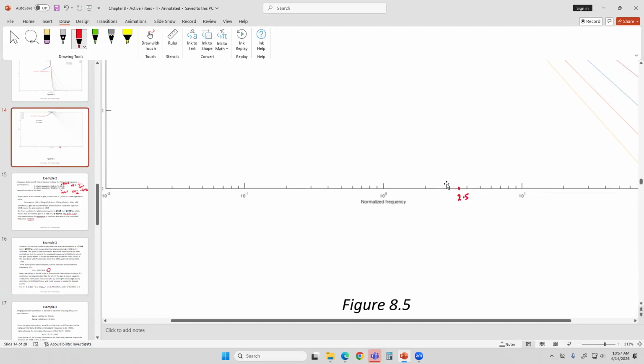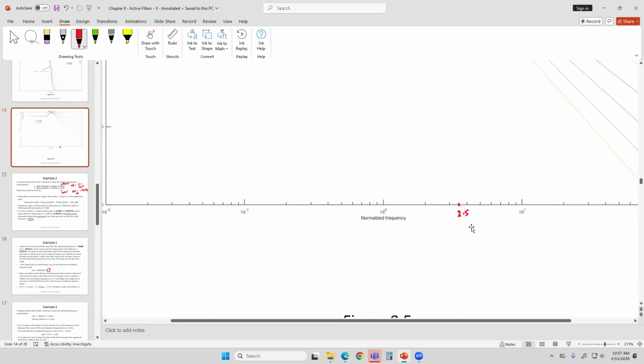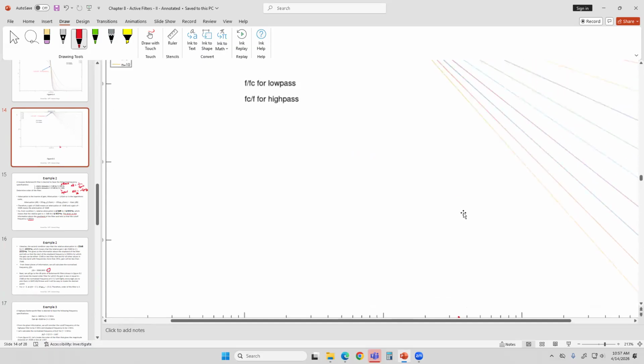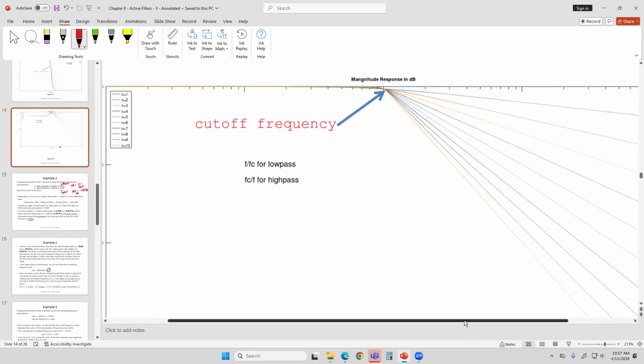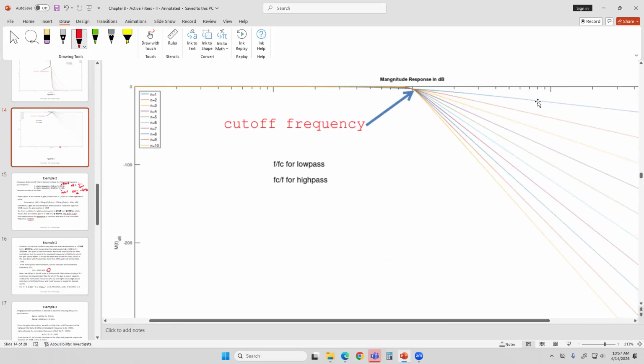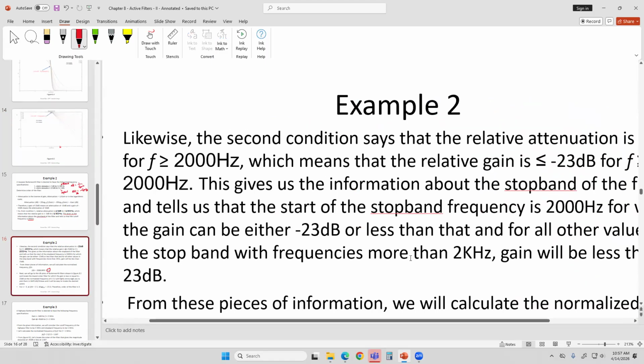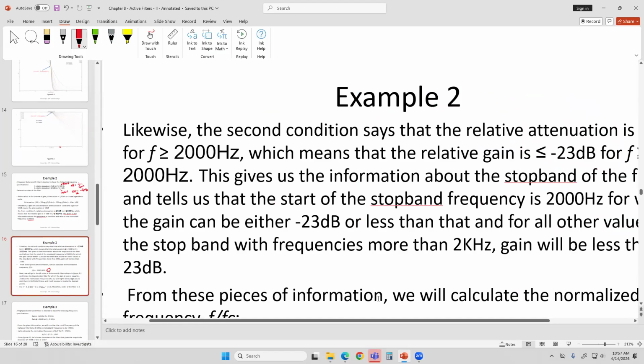Right over here. So we're going to go along this line and we will observe which order is going to have a gain of negative 23 decibel, and we're going to choose the lowest order, not the highest order, because highest is going to become more complicated.